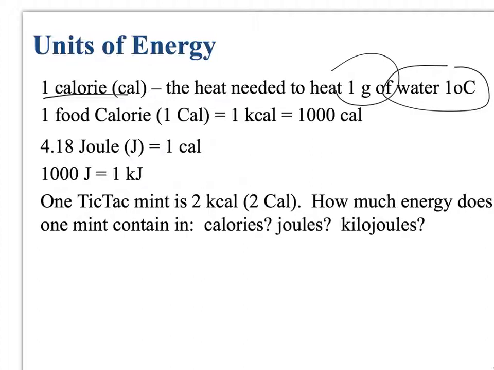Another unit is 1 Calorie, and notice here we have an uppercase C, which represents 1 kilocalorie, 1,000 of these little calories. Another unit is the joule, 4.18 joules, with uppercase J, is equal to 1 calorie. And we use the metric system here where 1,000 joules is equal to 1 kilojoule.